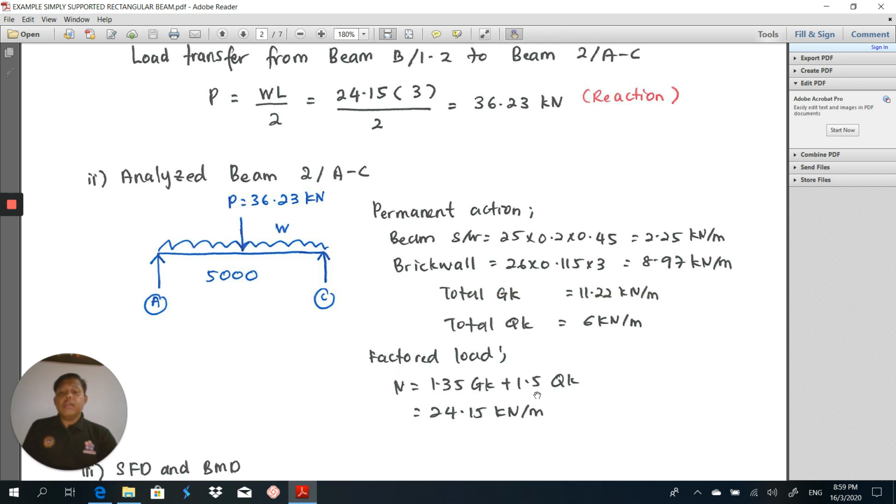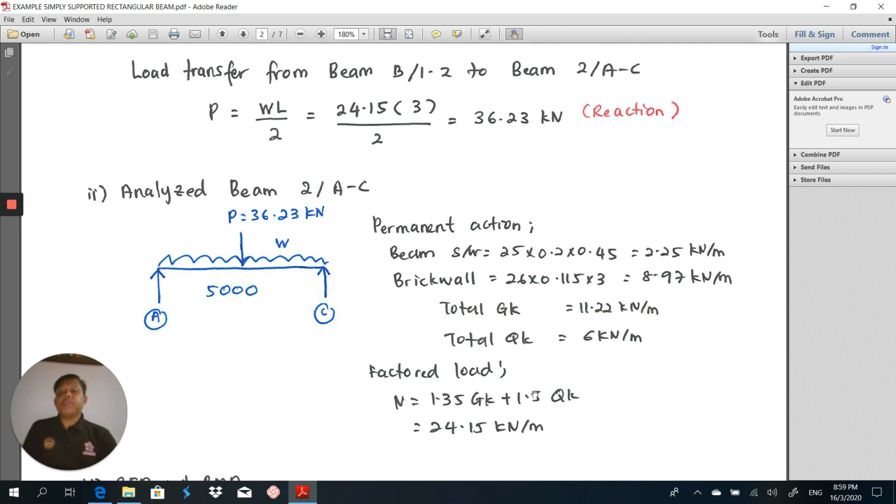Then, next step, we have to analyze the primary beam here. We draw the free body diagram of the primary beam, which is 5 meter AC2. Then, this beam receives a point load from the secondary beam, P equal to 36.23 kilonewton.